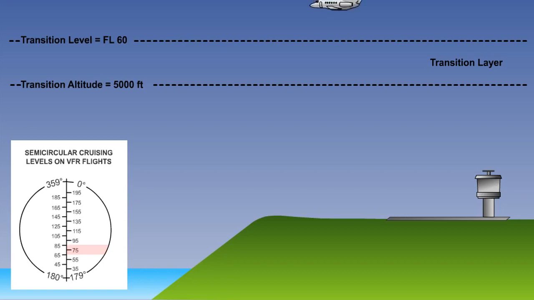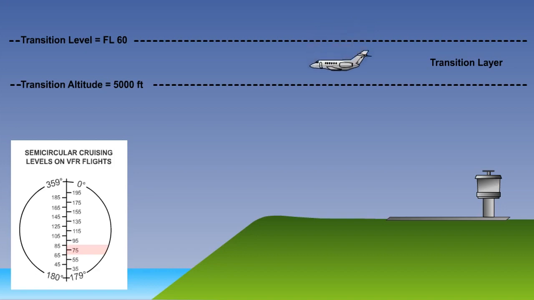Therefore, if you want to fly flight levels, then flight level 75 seems the most obvious. And since it is above our safety altitude of 3,400 feet, it would seem to be the sensible choice if you are able to climb that high.